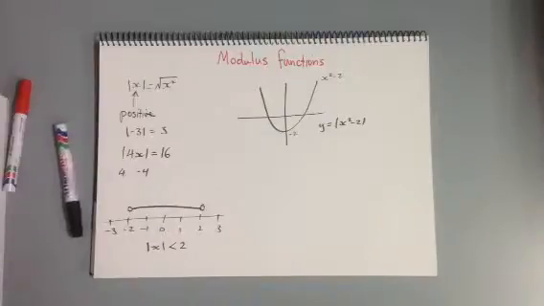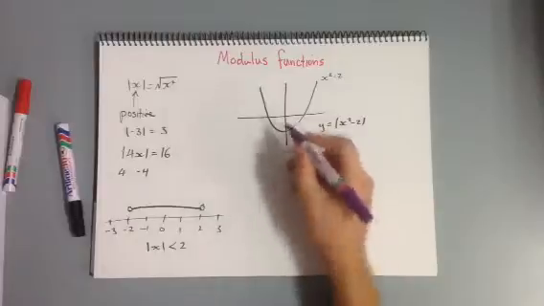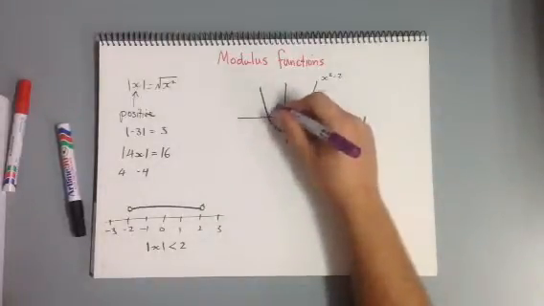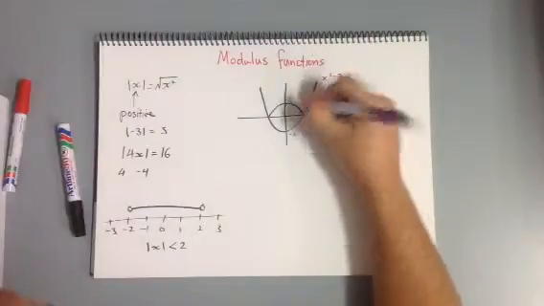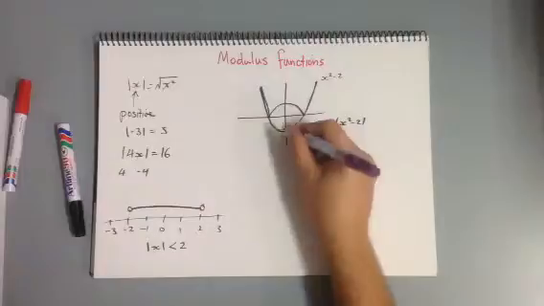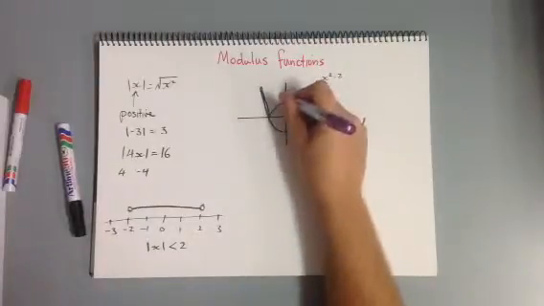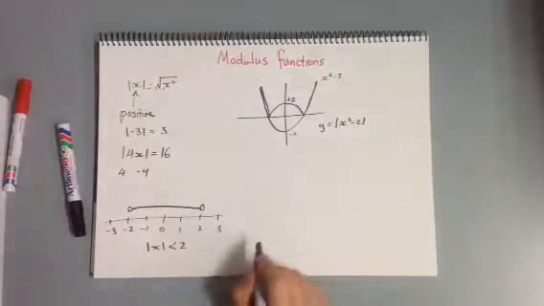The modulus signs make everything positive, so this part that's underneath becomes positive and gets reflected in the x-axis. But these parts here remain the same. And this -2 becomes +2. So the purple would be the graph of that.